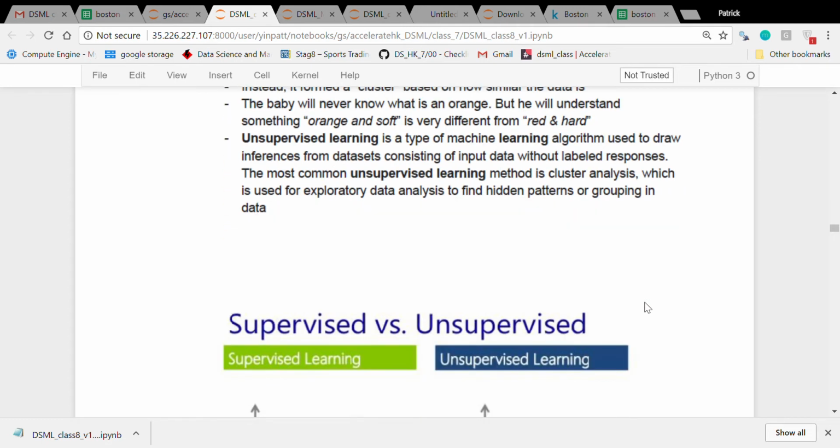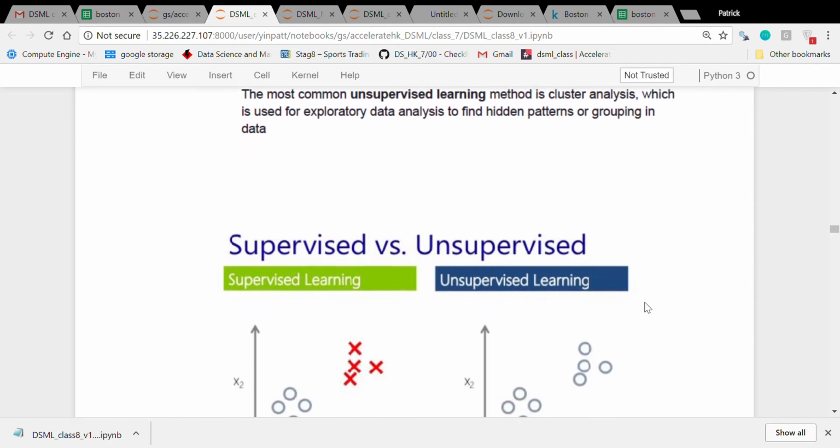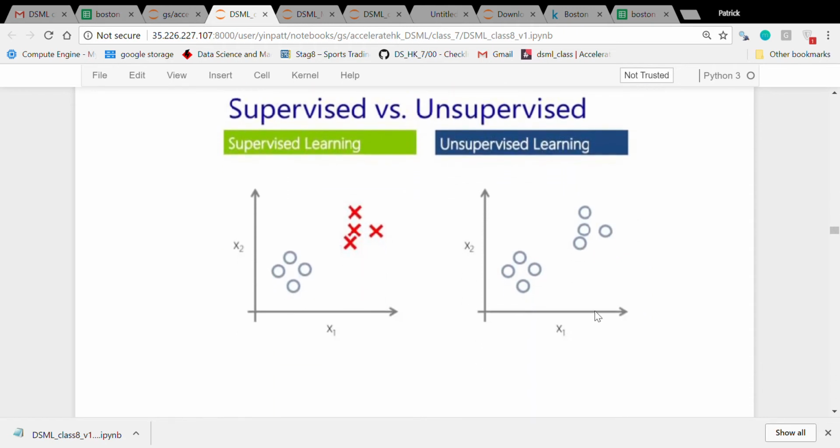And the most common unsupervised learning is called cluster analysis. So I can show you this graph to show this is supervised and this is unsupervised.